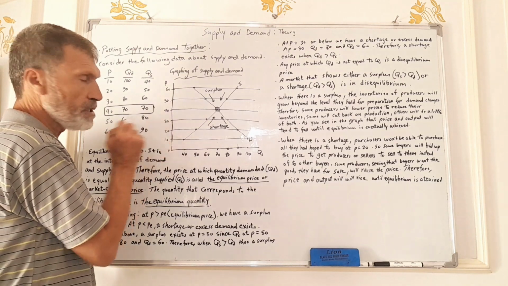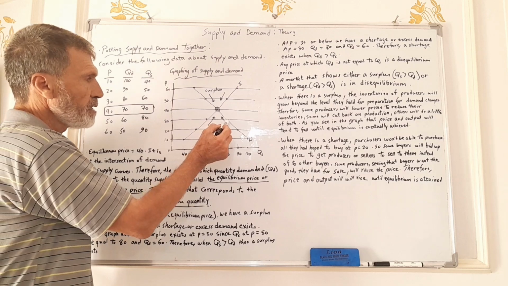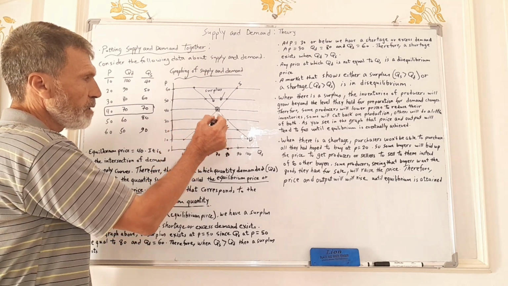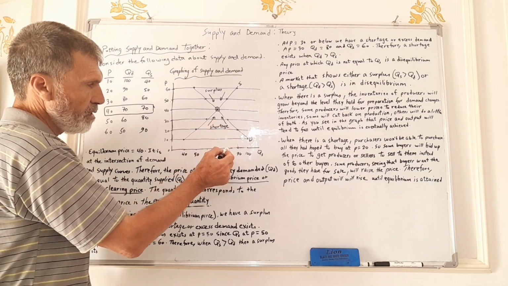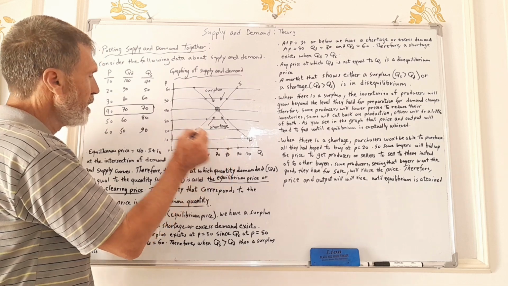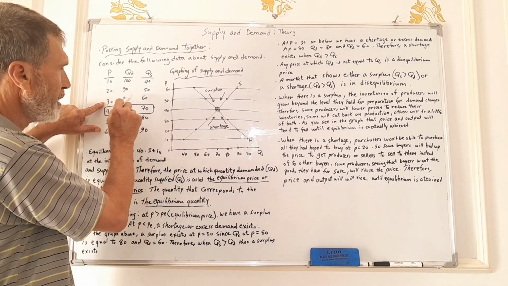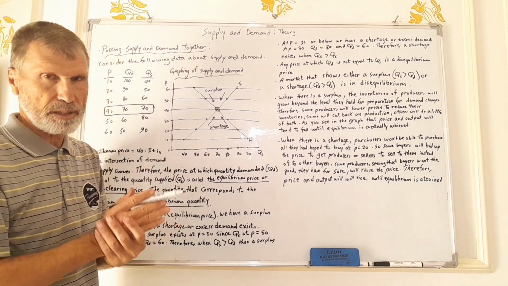At P equal 30, below the equilibrium price 40, the horizontal line cuts the demand curve here, and a vertical line gets 80. At a price of 30, the quantity demanded is 80, and the quantity supplied is 60. So the quantity demanded is greater than the quantity supplied.